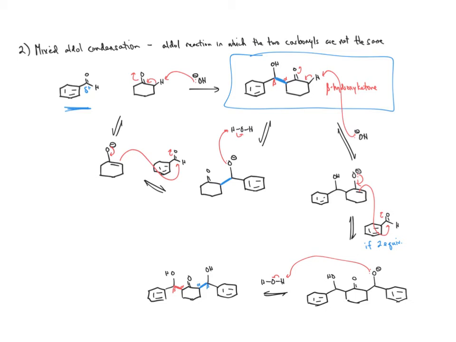Now, this beta-hydroxy carbonyl functional group is very unstable, and in most cases, it will eliminate water to give an aldol condensation product. And when using ketones and aromatic aldehydes as substrates, this is actually known as the Claisen-Schmidt reaction, the product of which is a chalcone. And so let's talk about the Claisen-Schmidt reaction.